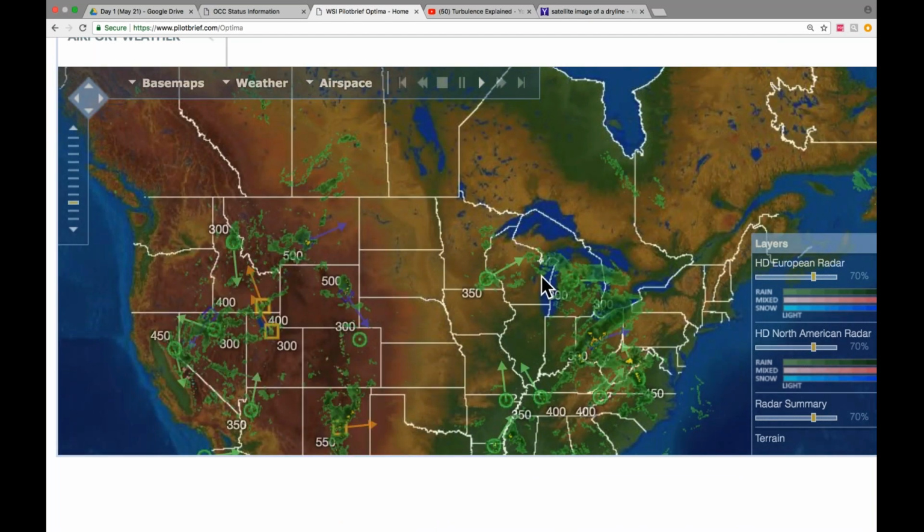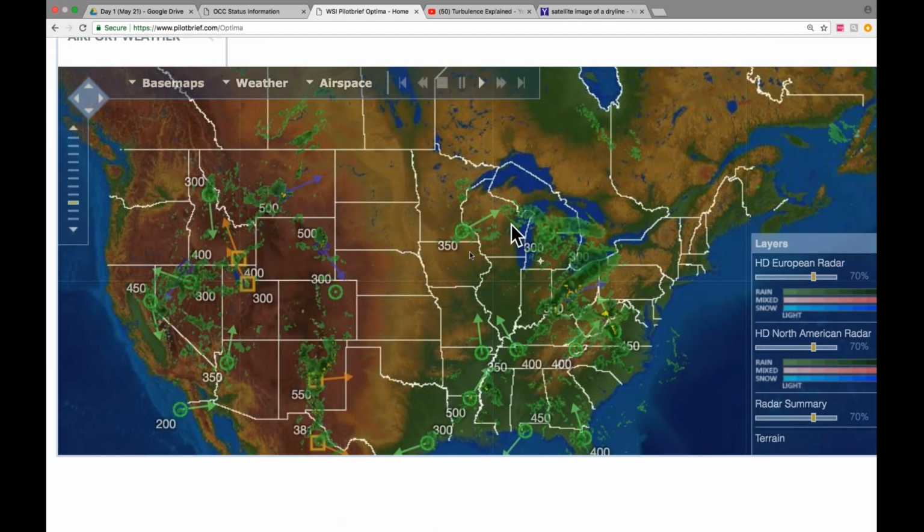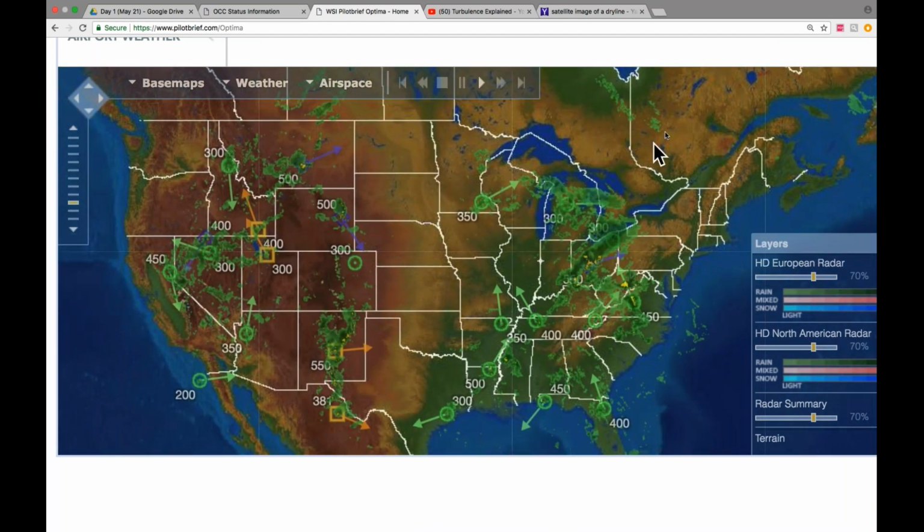What happens is, and it's died down quite a bit from earlier today, we'll have these areas where we'll have severe thunderstorms pop up, and they'll connect over an area.